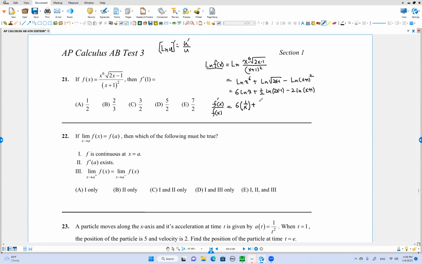Then 1 over 2 times the derivative of 2x minus 1, which is 2, over 2x minus 1. The next one is minus 2 times the derivative of x plus 1, which is still 1, over x plus 1.